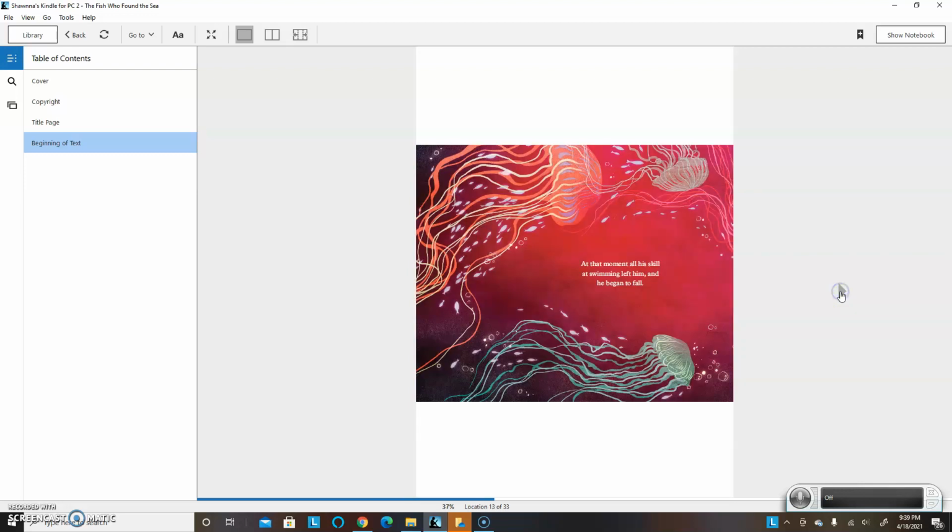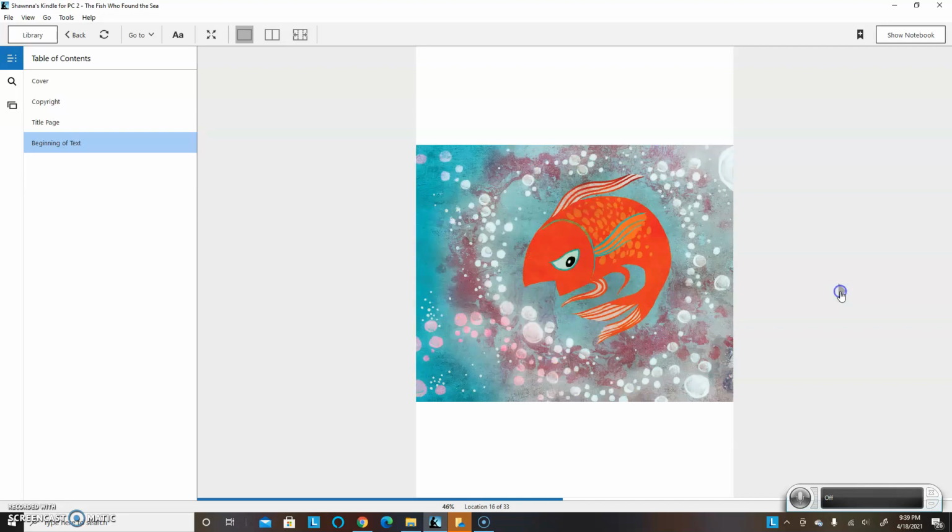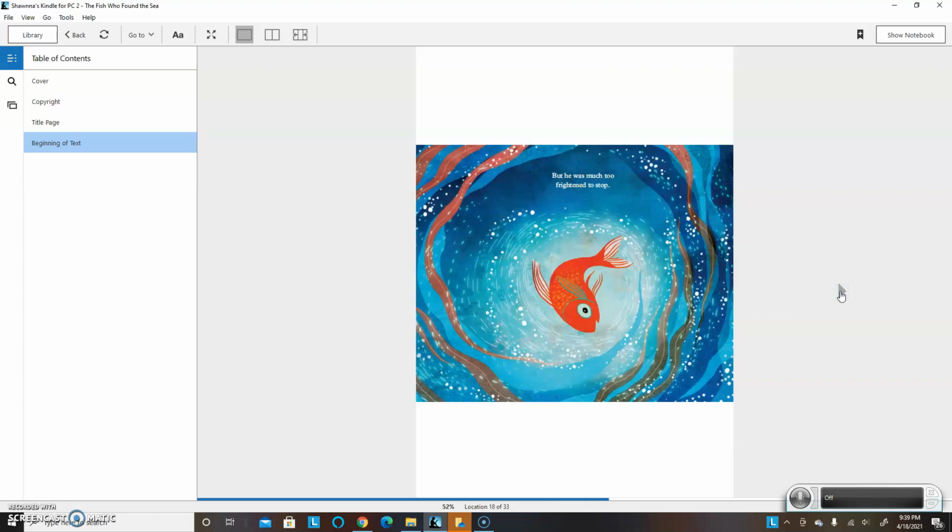Then I would flip through the book. I would probably already have these pages marked so that I could reference them quickly in class. And I would point out this page and go, what is the fish doing right here? It looks like he's turning in this swirly seaweed that's showing he's spinning and spinning and spinning.